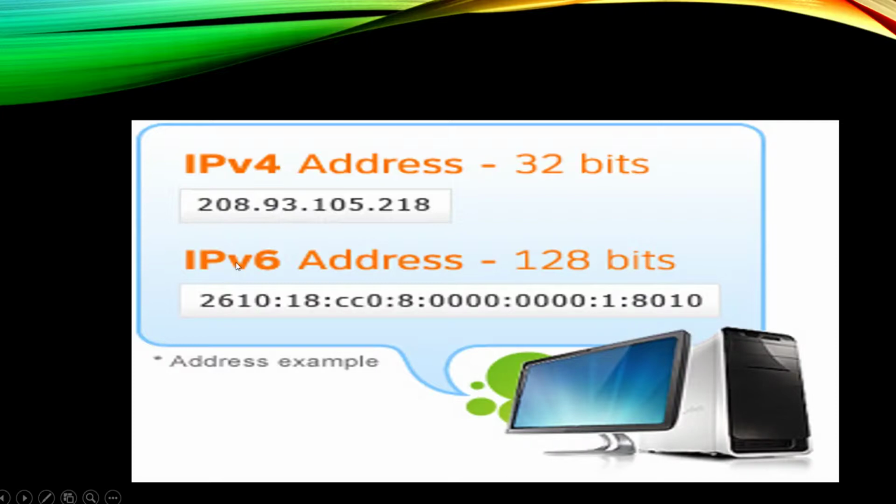Therefore, IPv6 addresses are written using hexadecimals as opposed to the binary dotted decimals pattern. And because a hexadecimal number uses 4 bits, this means that an IPv6 address consists of 32 hexadecimal numbers.